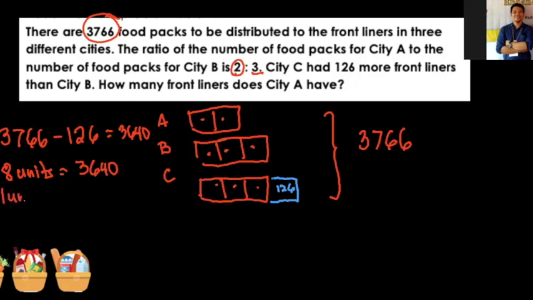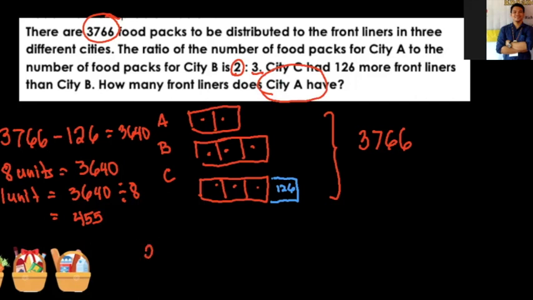So 1 unit is 3,640 divided by 8. So that will give us 455. So meaning 1 unit is 455. So the question is, how many do we have for City A? City A has 2 units.